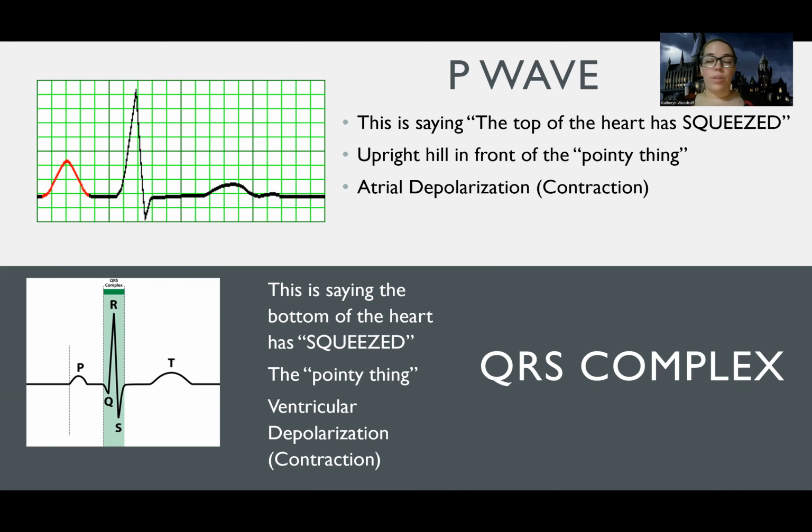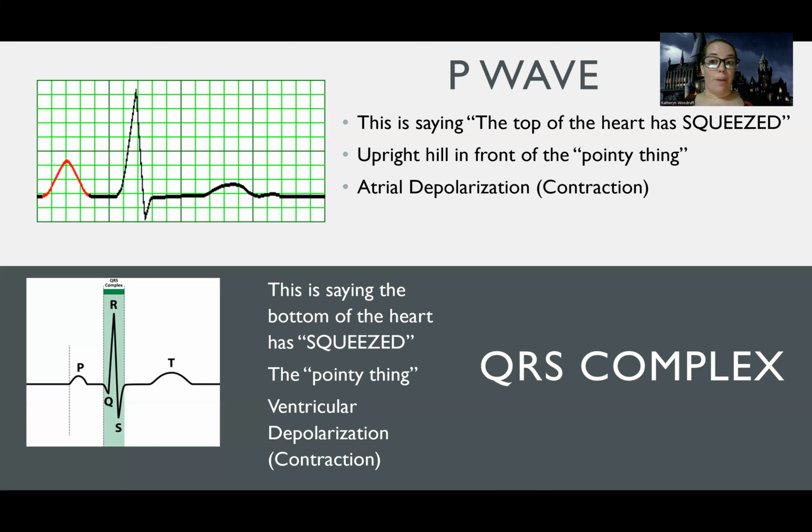We really want both parts of the heart to be contracting, but if any part of the heart needs to be contracting, we need the ventricles to contract. Because if you remember your anatomy, and if you don't, I would definitely go back and watch my video over assessment and path and heart basics, the right ventricle pumps blood to the lungs so that the blood can get oxygenated, and then the left ventricle takes that oxygenated blood and pushes it out to the rest of the body.